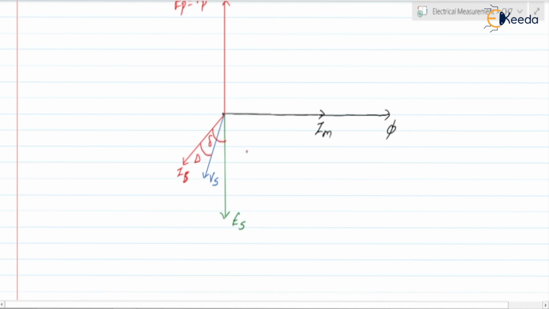Right, next, similar to the Is at the primary side, the transformer draws a current N into Is. It will be completely in phase opposition to Is. So this is the N into Is we are having.